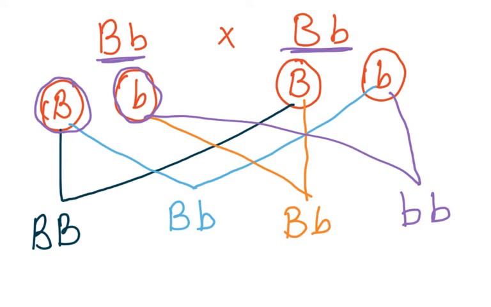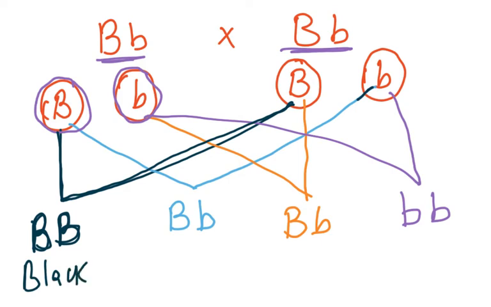If this big B fertilizes this big B, you get big B, big B. Now this would be a black rabbit. If this fertilizes, then we also get a black rabbit. If this fertilizes, even then we get a black rabbit.